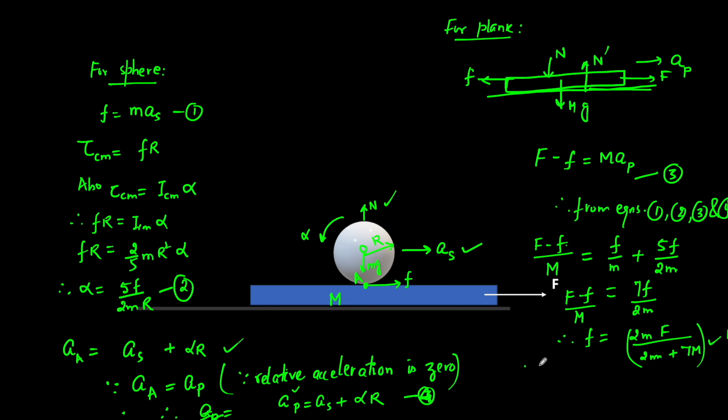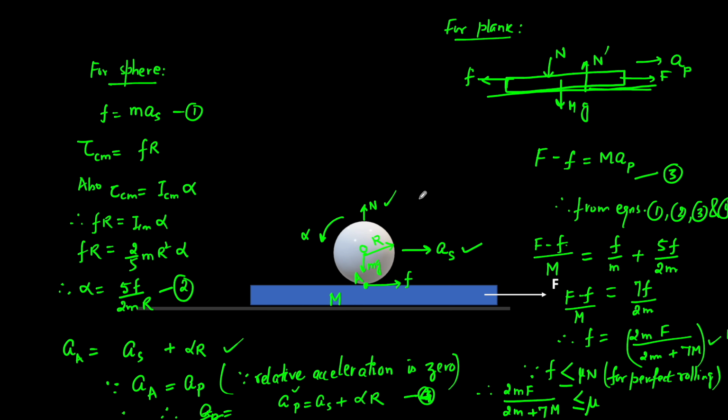Since you know that frictional force is less than the maximum value of static friction, which is mu N, in case of perfect rolling, frictional force is less than or equal to mu N. Therefore, we can write that 2mF over 2m plus 7m is less than or equal to mu N. Now N is equal to mg.